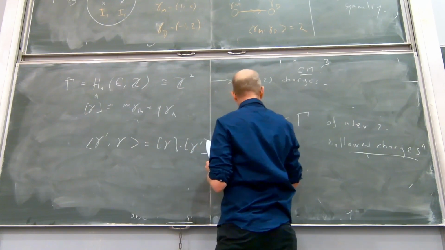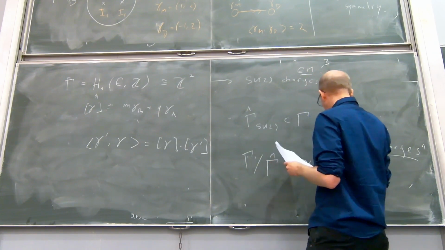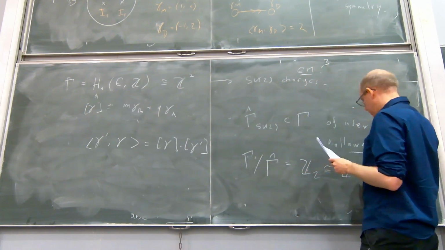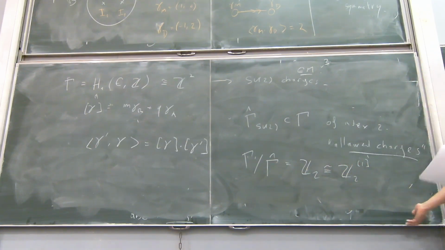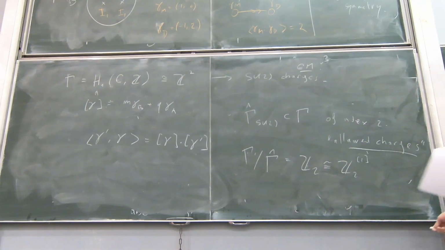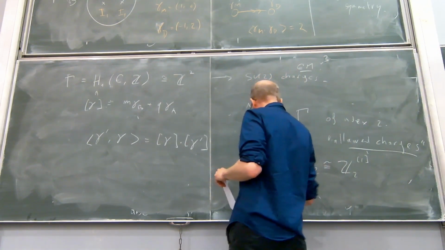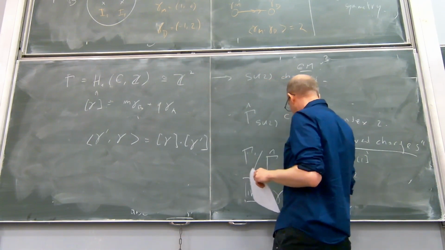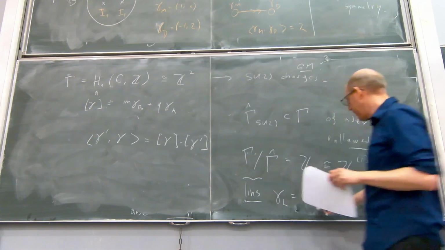And so gamma mod gamma SU2, which is Z2, is isomorphic to what I call the one-form symmetry. This corresponds in fact to the lines that are allowed in the theory that cannot be screened. Those are all generated by the element precisely 0, 1. Okay?